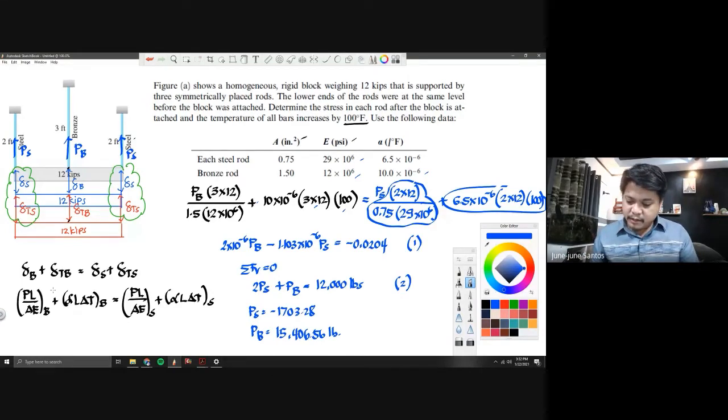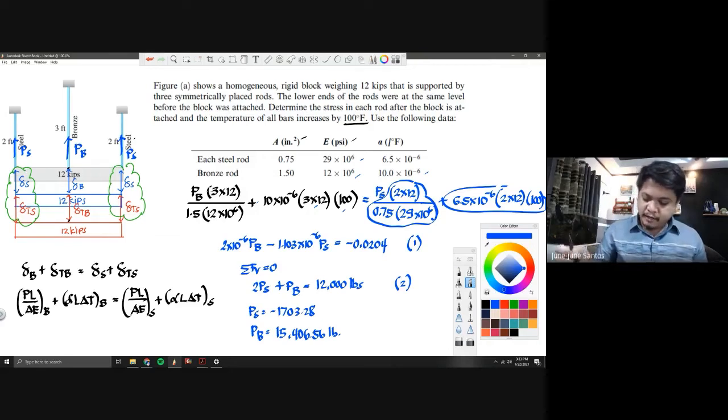Next, P alpha L delta T. Okay, and then this one, 6.5 times 10 to the negative 6 multiplied by 2 times 12 times 100 minus 10 times 10 to the negative 6 times 12 times 100. Okay, so negative 0.0204.